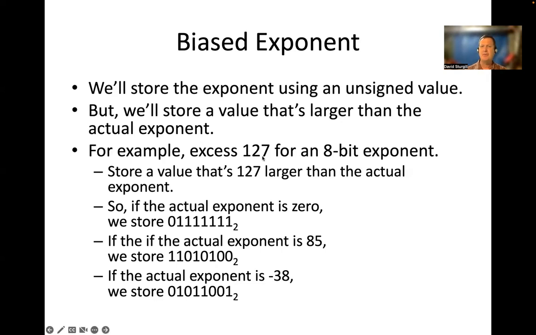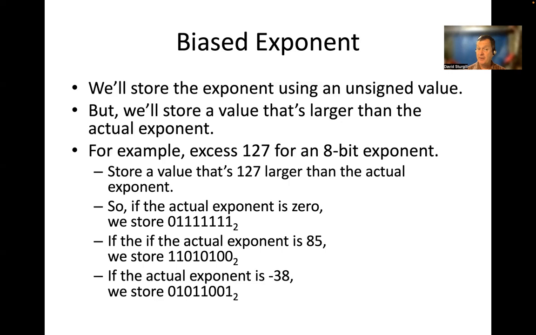So maybe some examples will help show what I'm talking about here. For an 8-bit exponent, the bias is going to be 127. So if you've got an exponent and you're going to store it using 8 bits in this IEEE floating point format, the number you're really going to store is whatever your exponent is plus 127.